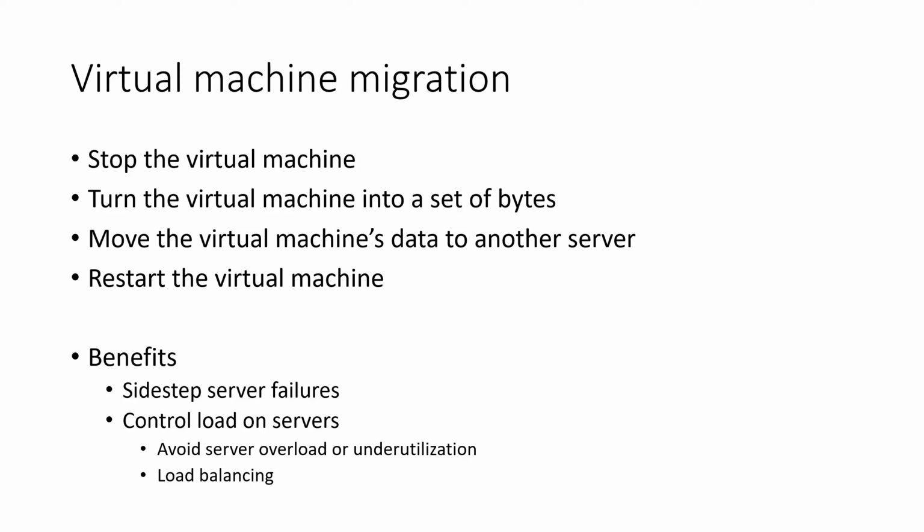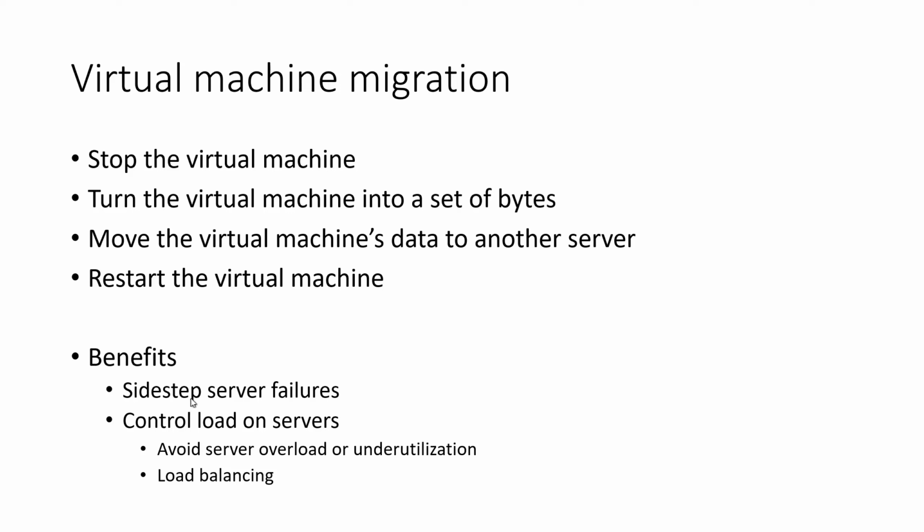So we stop the virtual machine, turn it into a set of bytes, and then move the data to a different server. Then we restart the virtual machine on a second server. So we removed the virtual machine from server A and restarted it as it was before, but now on a different server B.